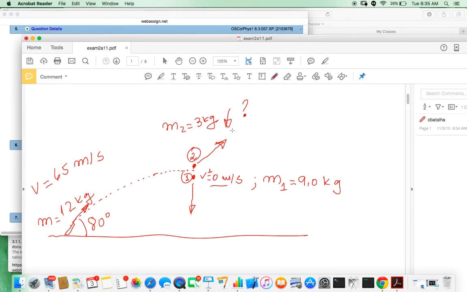So if you look at this little sketch, right? So we want to know how far from the initial launch this 9 kilograms fragment hits the floor. So basically you want to find this distance here, x for question A.